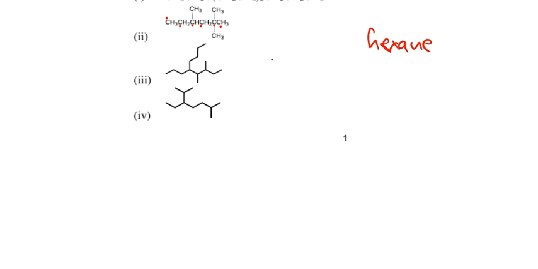And then positioning, which side do you think is better to start from? I believe starting from this side will give us lower positioning. So that's carbon 1, carbon 2, carbon 3, and carbon 4. On carbon 2 we've got dimethyl. There are 2 methyls connected on position 2. And then on position number 4, again we have a methyl.